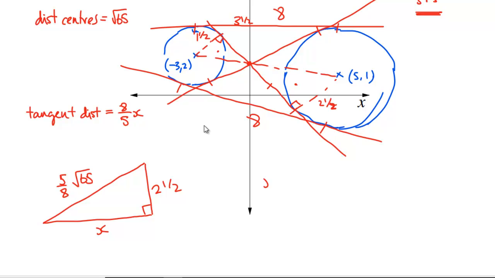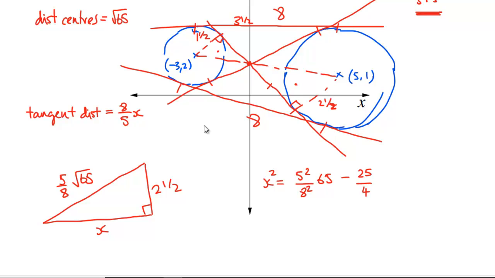So we can say that x squared is 5 squared over 8 squared times 65 minus, 2.5, sorry. So 5/2 squared, so 25/4.